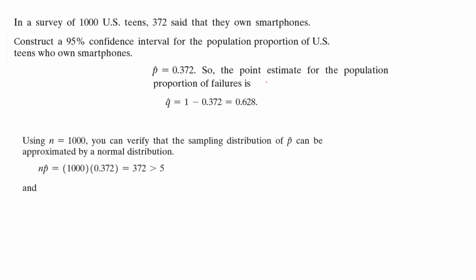First of all, you can verify that it satisfies normality. n times p hat is 1,000 times 0.372 or 372, which is more than 5, and also n times q hat, which is 1,000 times 0.628, which is 628, which is more than 5. So the normality is met.